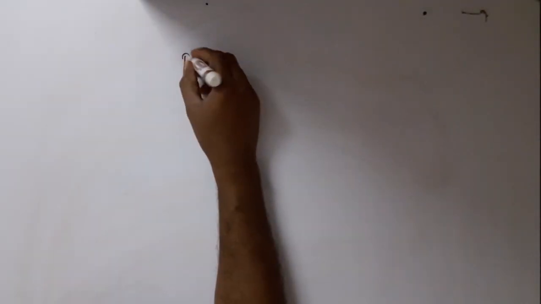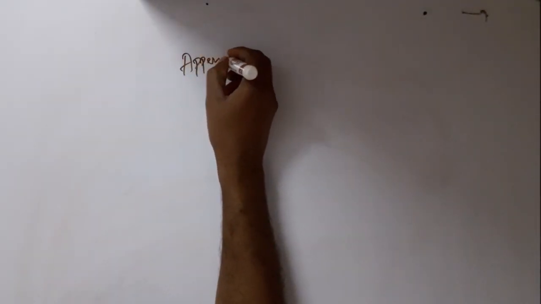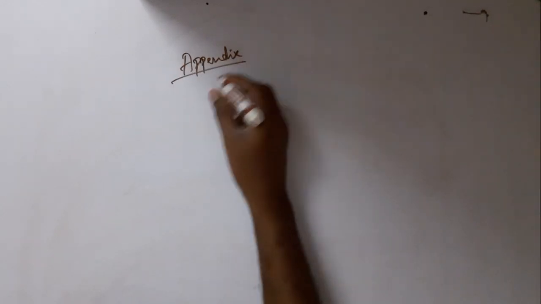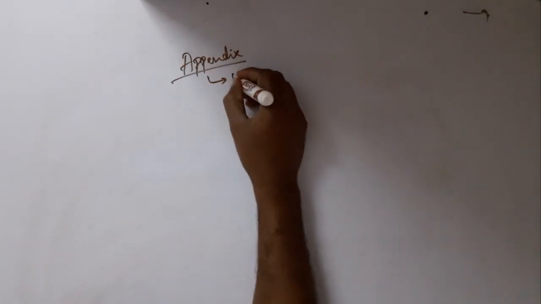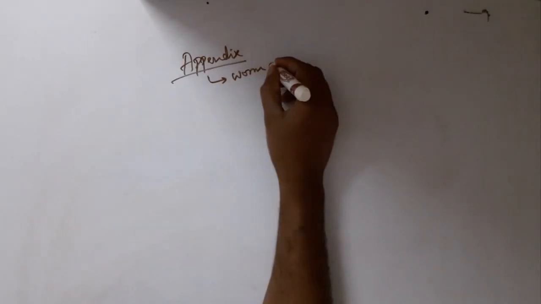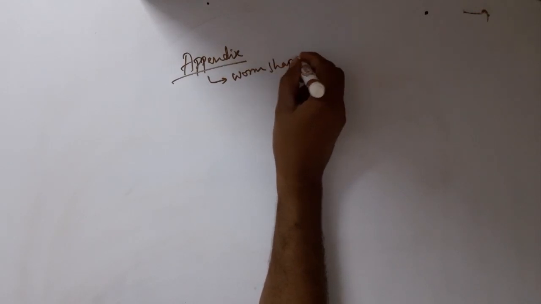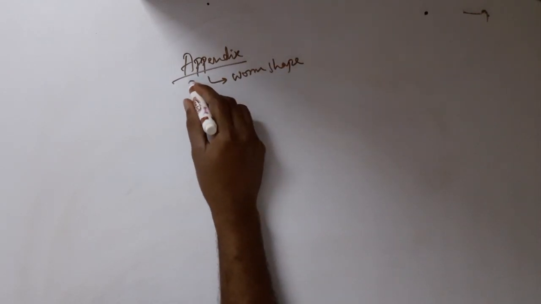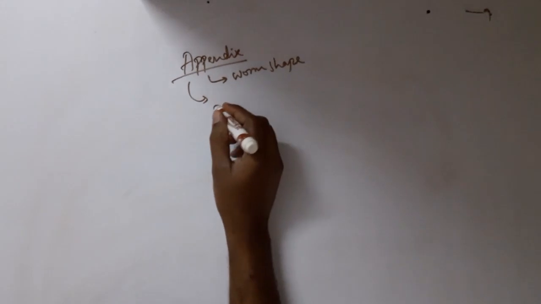Then the next thing is the appendix. The appendix is a worm-shaped, finger-like projection arising from the cecum.